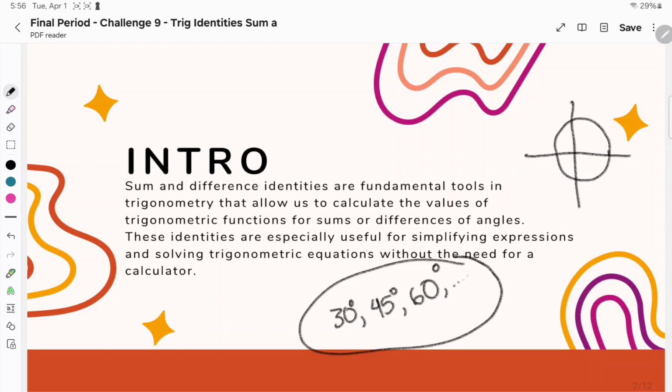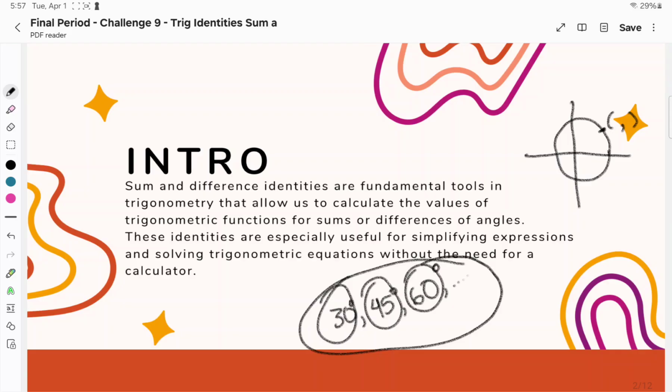These angles, it was really easy to calculate the sine or cosine of those angles because we just had to look at the coordinates on the plane of these angles, right? We called these special angles, and we didn't need a calculator to find their sine or their cosine.